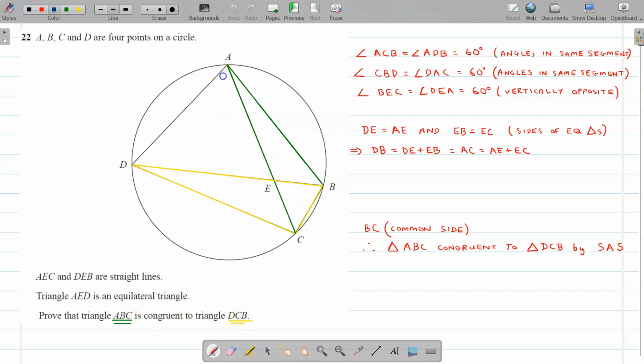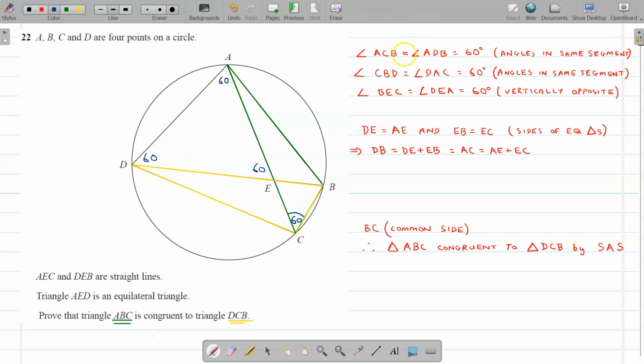I'm told that these are all 60 degrees because it's an equilateral triangle. And what I've done is I've used the fact that angles in the same segment are equal. So I can say that the angle ACB, that's this one here, is the same as the angle ADB, which is 60 degrees.